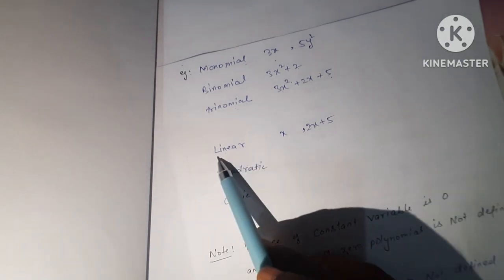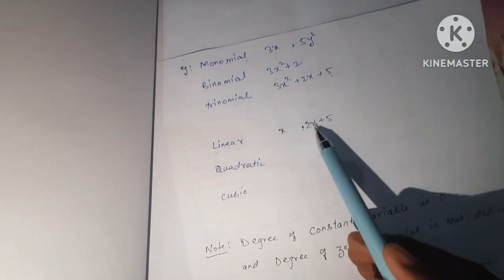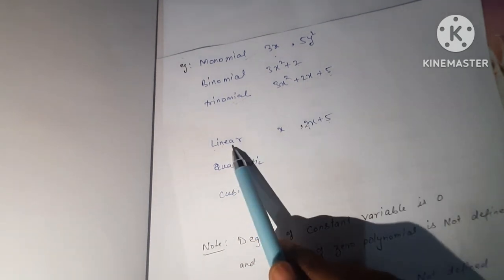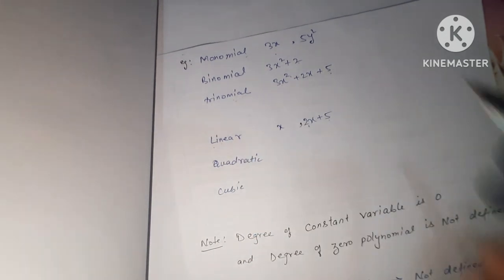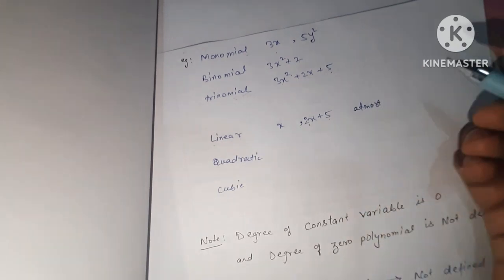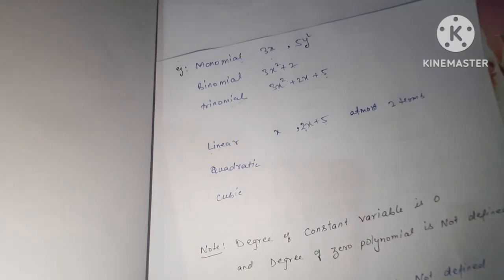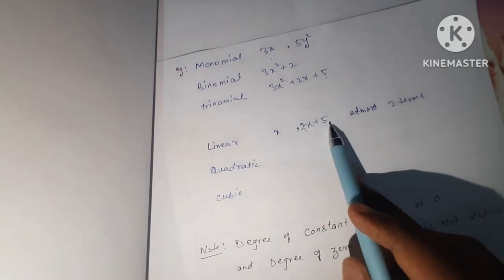Note that in a linear polynomial there are at most 2 terms. We can't write a linear polynomial in more than 2 terms. At most, maximum, there are only 2 terms.